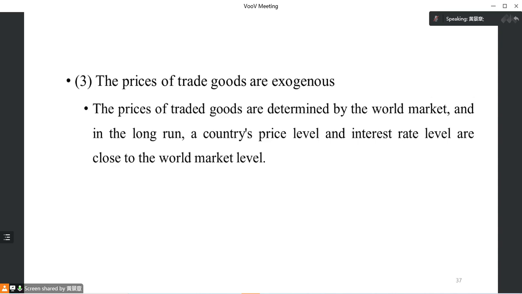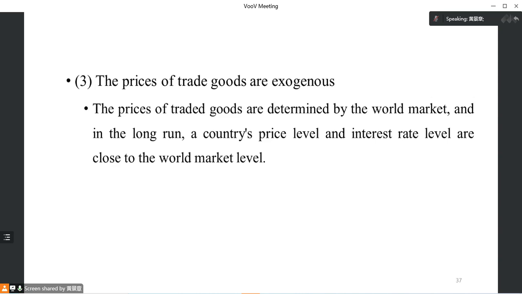We should understand the meaning of this. It means these countries' price level and interest level in the long run are close to the world market level.